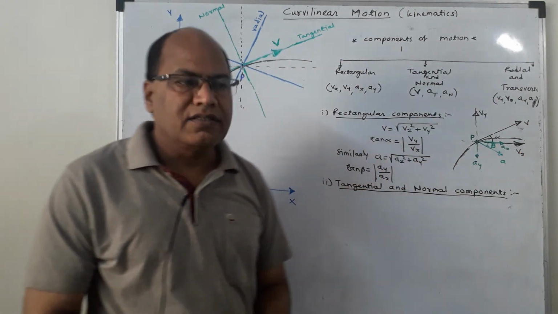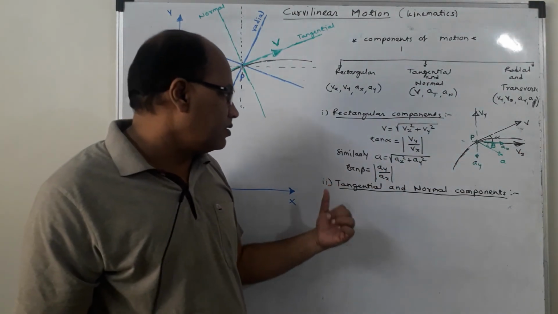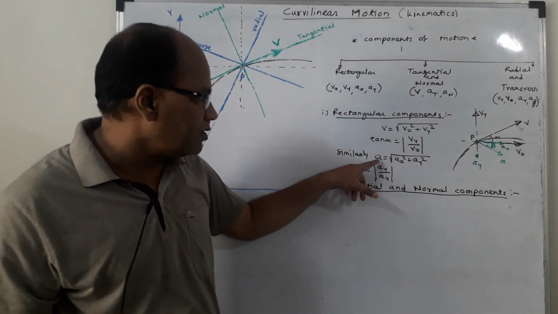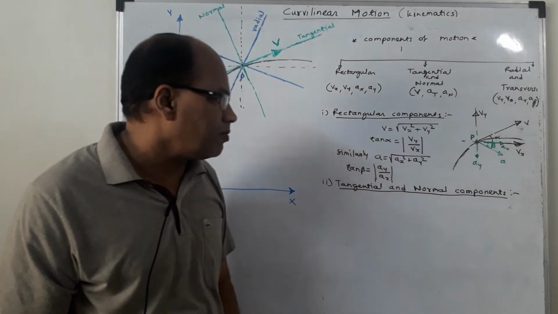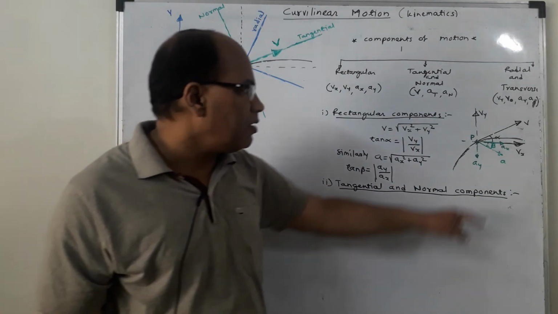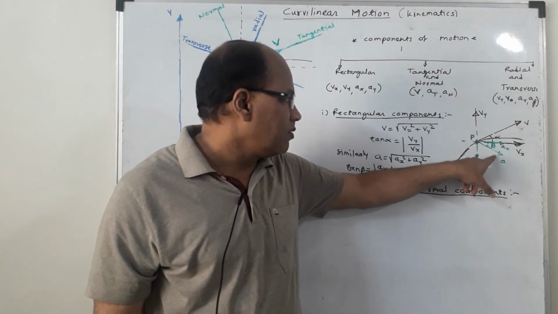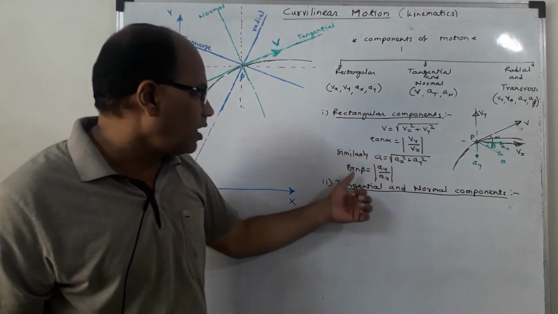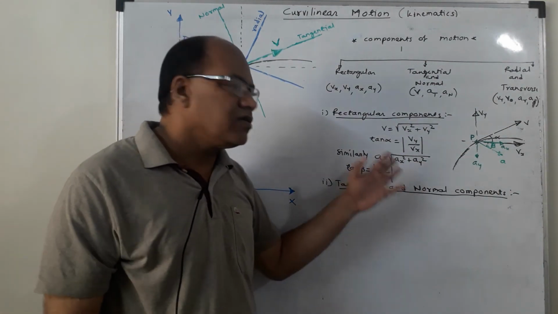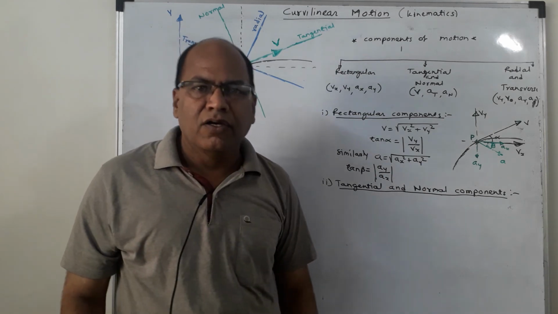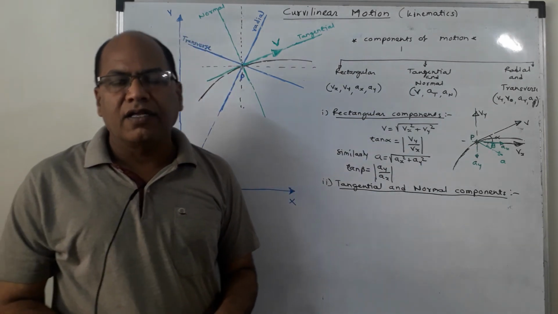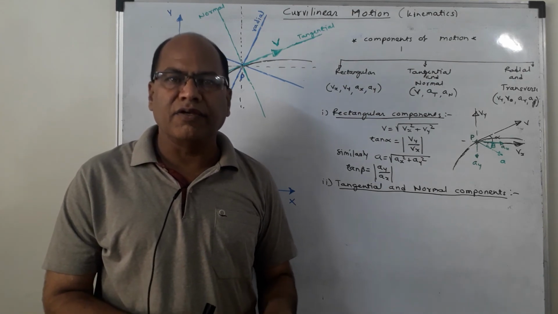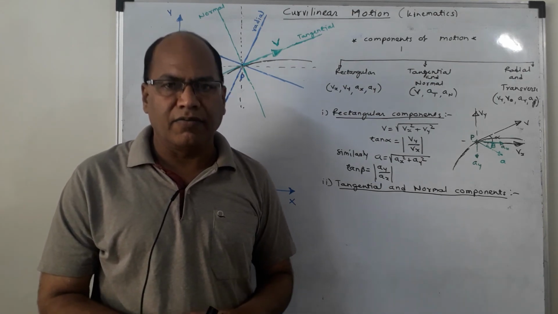Once we know ax and ay, we can get the resultant acceleration a, which is also called the total acceleration. A is equal to the root of ax square plus ay square, and if the angle made by this total acceleration with the x direction is beta, then tan beta is given as modulus of ay upon ax. So, this is how we can get the rectangular components of velocity and acceleration: Vx, Vy, ax and ay.